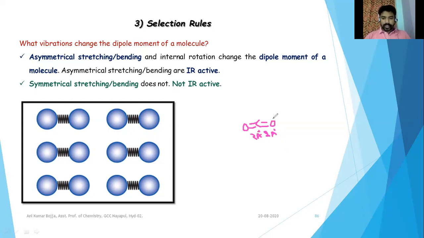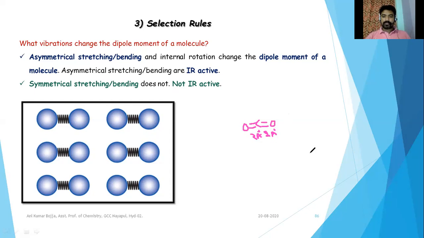So during asymmetrical stretching, the symmetry properties of the molecule will not be retained. Symmetry properties of the molecule will not be retained during its stretching vibration or bending vibration. The symmetry property we have to discuss exclusively here is the center of symmetry of a molecule.